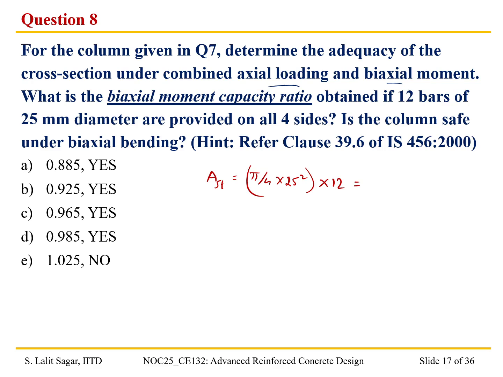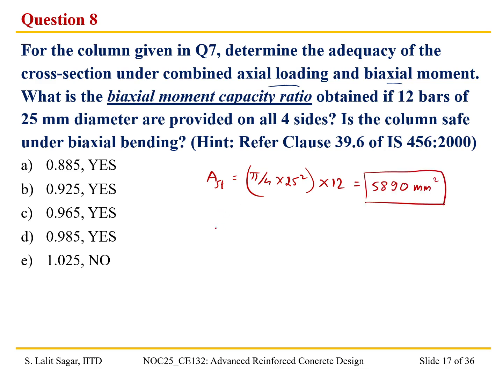Remember that these 12 bars are distributed on all four sides of the column. Okay, this gives me an area of 5890 mm square.